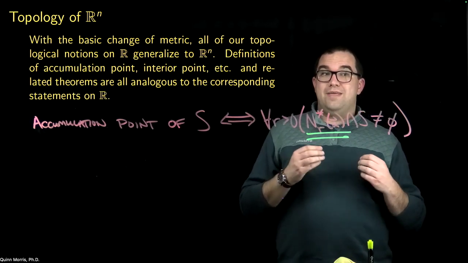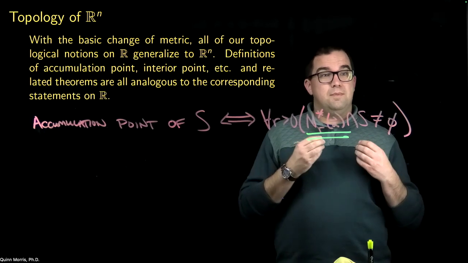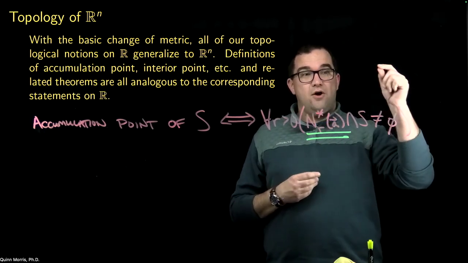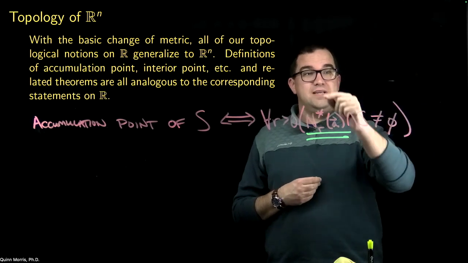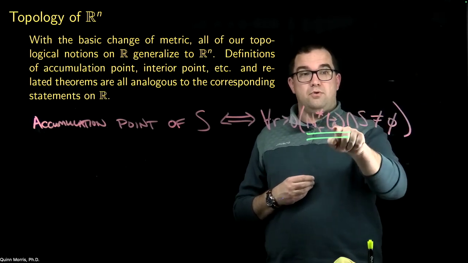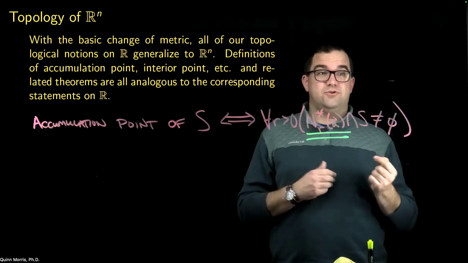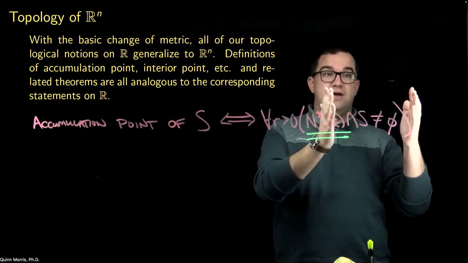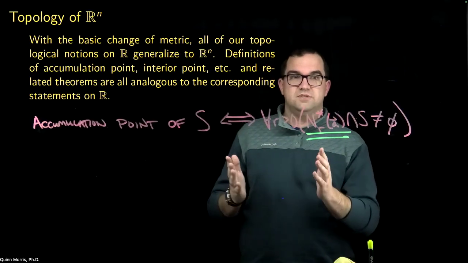Now, while they are very similar, there are some important things that have to be dealt with. Namely, you need to be careful about what types of objects you're dealing with. Things that were real numbers, A, are now vectors. Things that were absolute values of differences are now norms of differences.